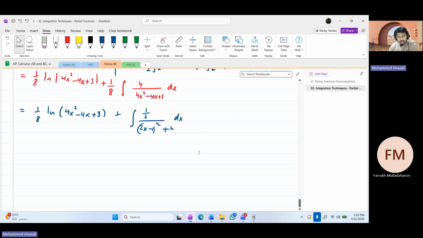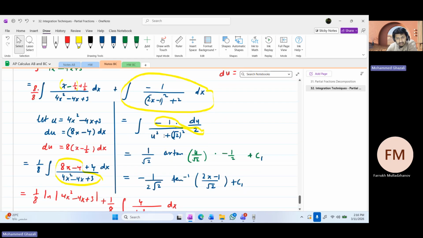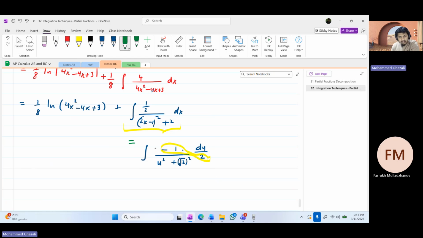In this case, for this part of the integral, we're going back to this form here because we have the exact same u substitution. So you're not going to have a minus 1 here, you're going to have a positive half.